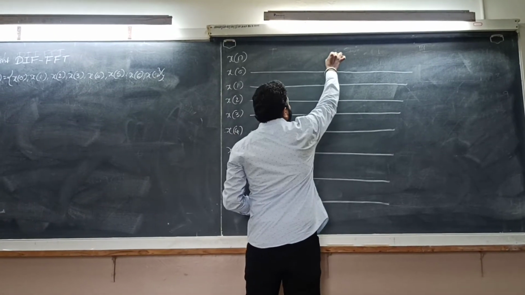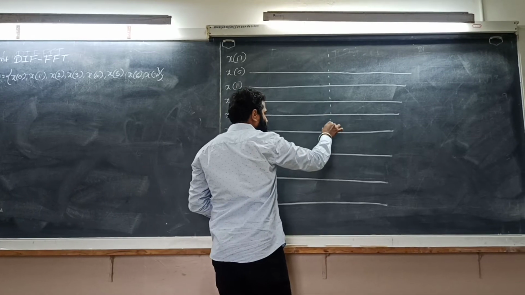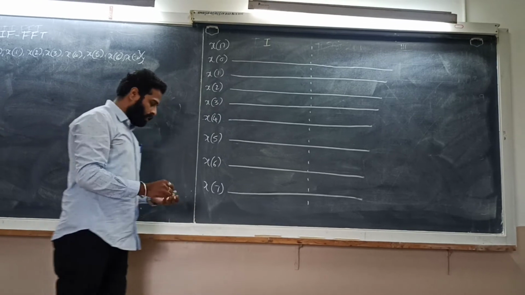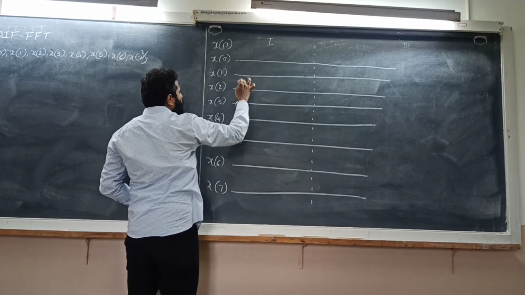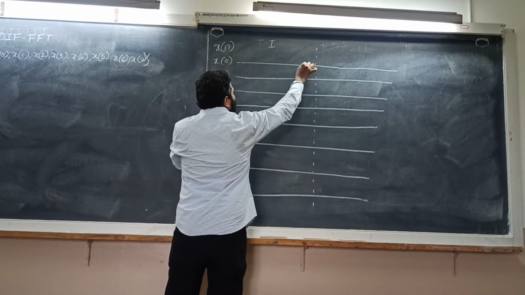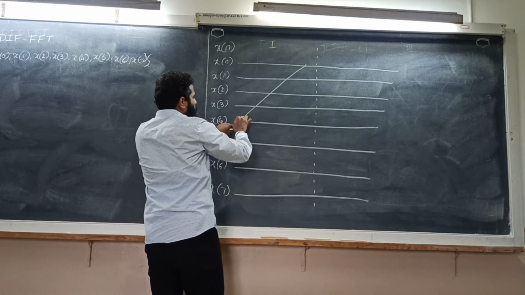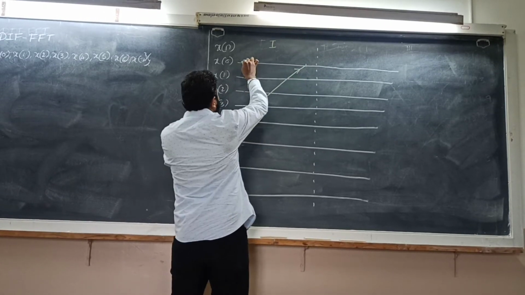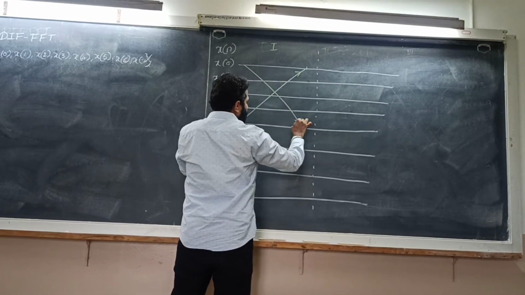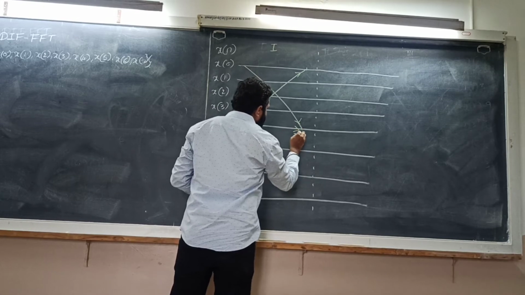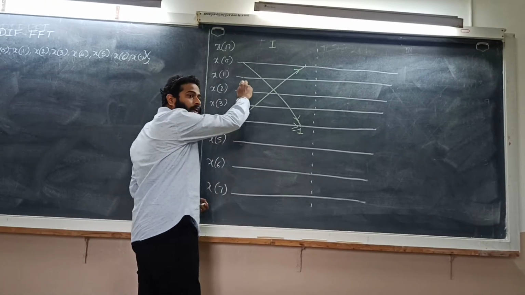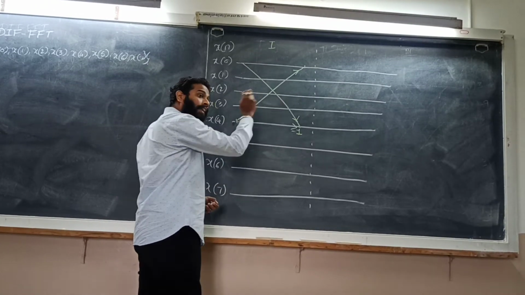So first I will mark the first stage. This is stage 1. First value 1, 2, 3, 4, 5. This is the fifth value. Taking fifth value to the first value, and first value to the fifth value by negating fifth. Second, taking second value to the sixth value to the second value by negating the sixth value.